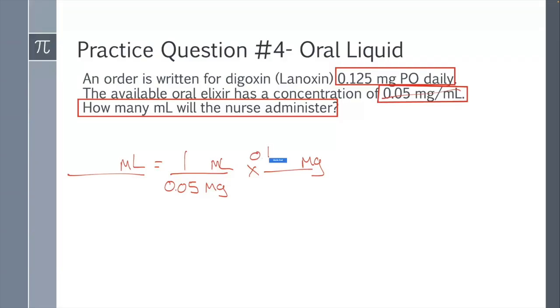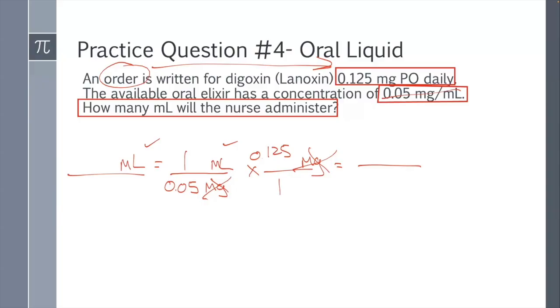So I have 0.125 milligrams per. That's my 1 dose. Again, my doctor's order. This is what was ordered for my patient. My doctor's order is always for 1 dose. To get rid of my milligrams on the bottom, and we have milliliters on the top. Right. So now we can get out the car because you've arrived at your destination.